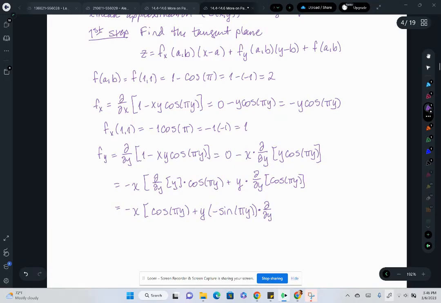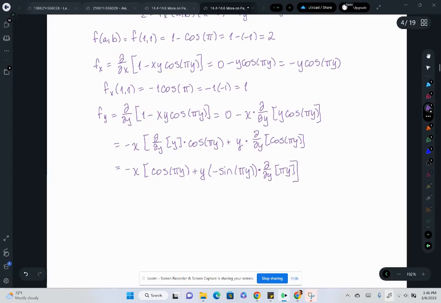I need del y of pi y. Okay, so a couple more steps here. We're just going to get this is equal to minus x times cosine of pi y. And then I have minus, now the derivative of pi y with respect to y is just pi. So I get minus pi y sine of pi y.